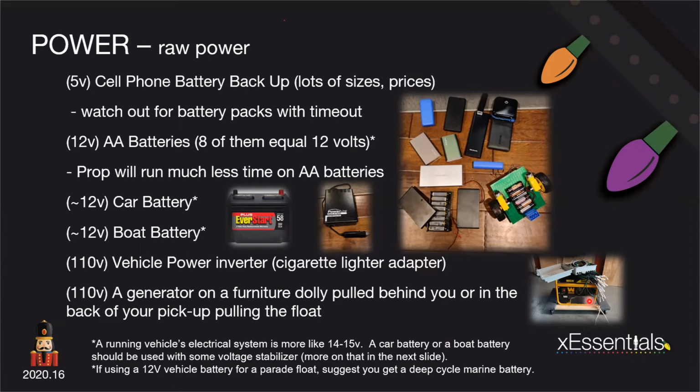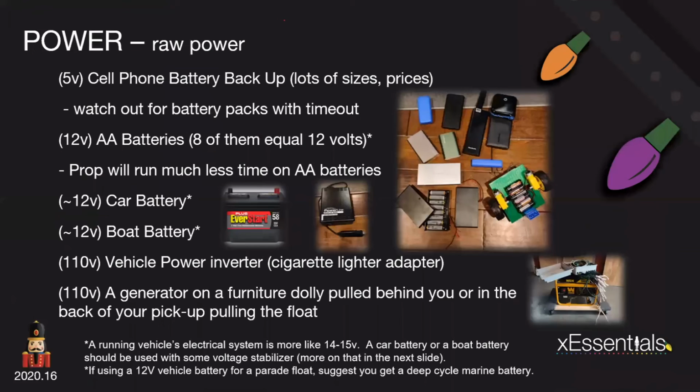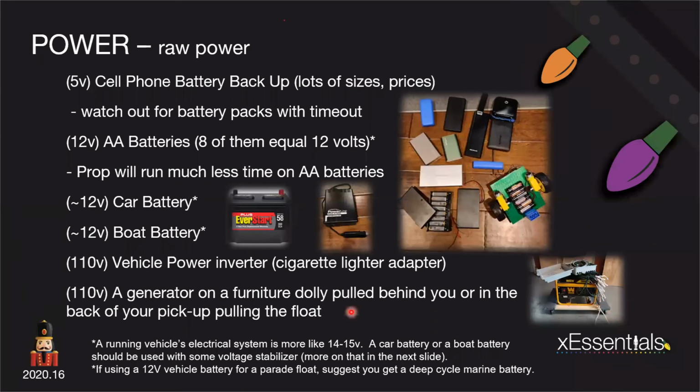But anyway, worst case scenario, get a generator, put it on a furniture dolly, tie a rope to the furniture dolly, plug in your normal CG 1500 box that has your controller and your power supplies with all your dongles off of it, and drag that puppy behind you. Or put it in the back of a pickup truck and run things that way. You can do that. So power, again, multiple options, no limitations, just your mind, really.